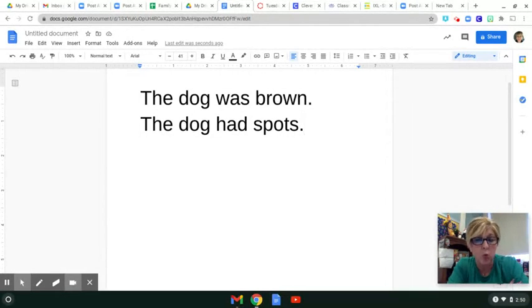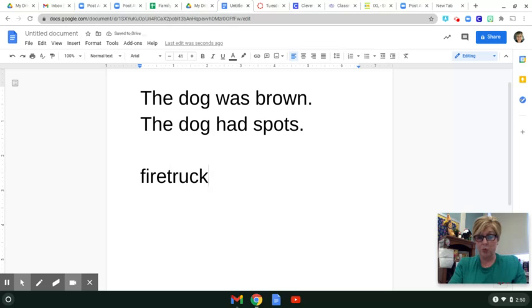This week, we are going to be talking about what we call a compound sentence. You know what a compound word is. A compound word is a word made up of two parts that go together to make one word. Both parts must be words on their own. For example, fire truck.